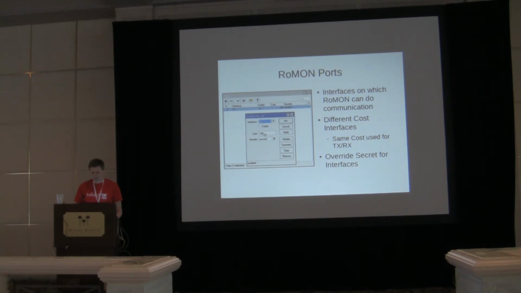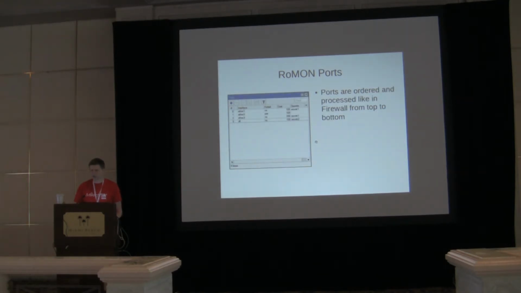We can specify different costs for each interface, similar to OSPF. Please note that the cost value applies to both incoming and outgoing, so keep that in mind. And we can also override the secret that we made in the global settings, so we can override the secret for a different port with a new one.